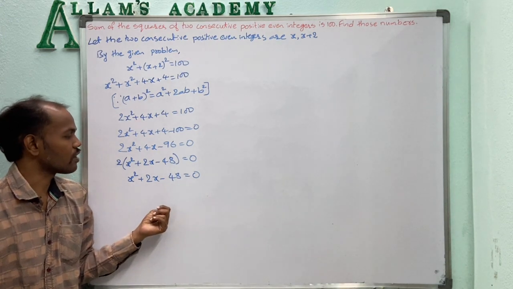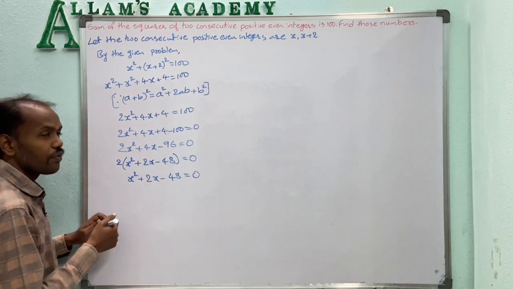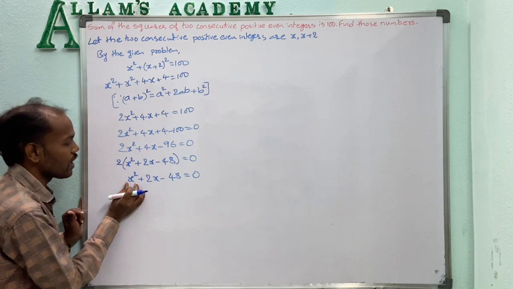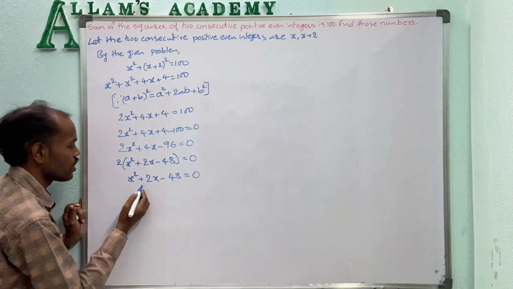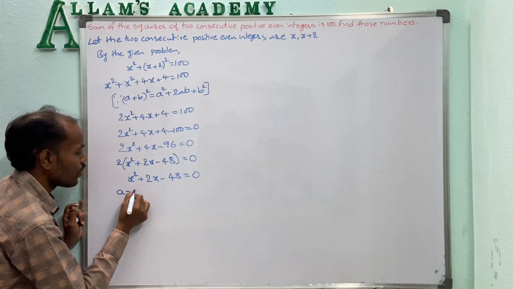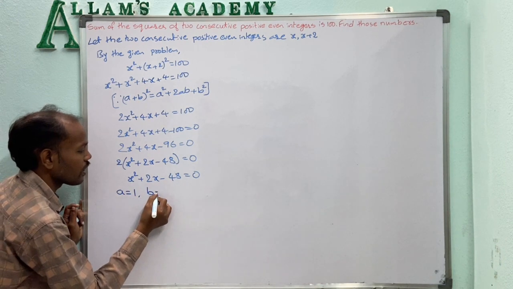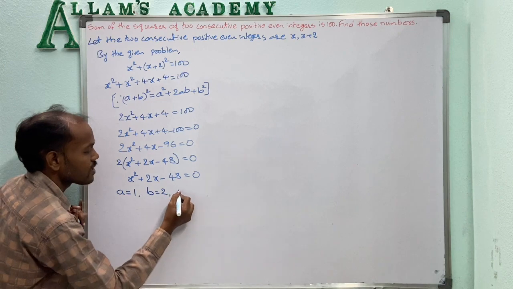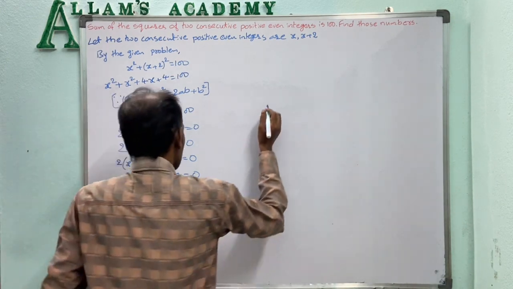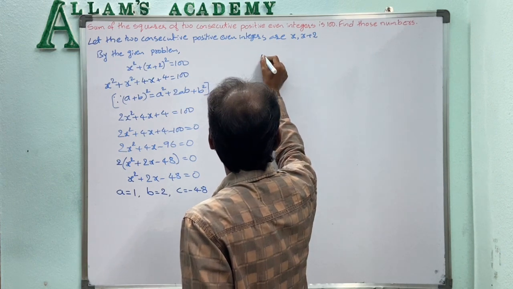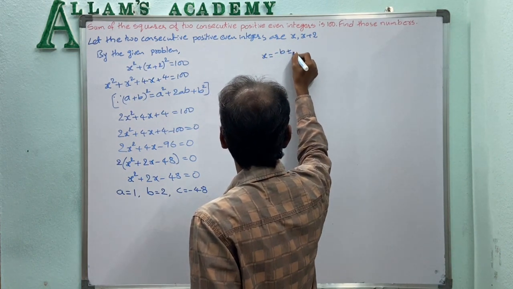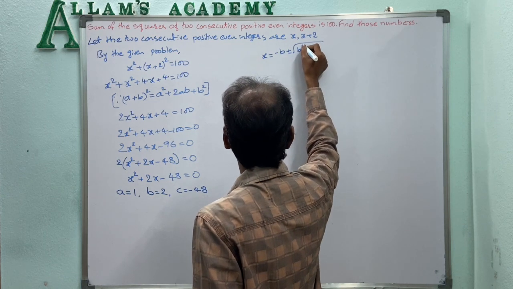If we apply the quadratic formula, comparing with the general form ax square plus bx plus c equal to 0, a is the x square coefficient, that is 1, b is the x coefficient, that is 2, and c is the constant term, that is minus 48. The quadratic formula is x equal to minus b plus or minus under root b square minus 4ac, by 2a.